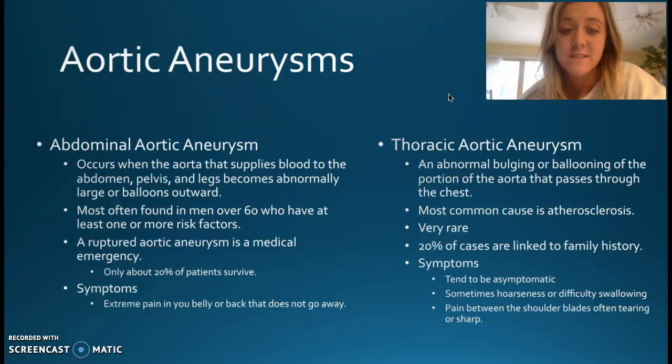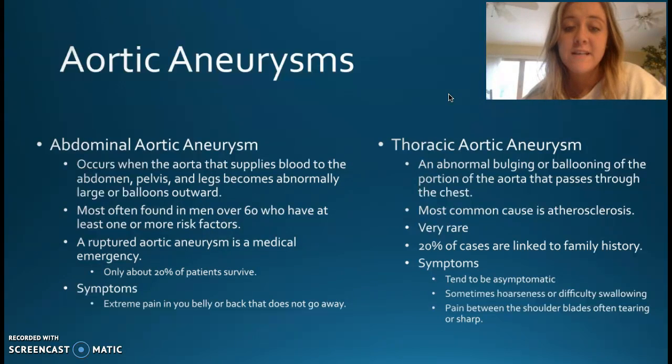If an abdominal aortic aneurysm ruptures, it is a medical emergency and requires surgery immediately. Only about 20% of patients will survive. If you have bleeding inside your body from an aortic aneurysm, you will require surgery right away. There are two types of surgery for abdominal aortic aneurysms.